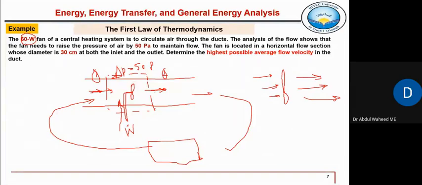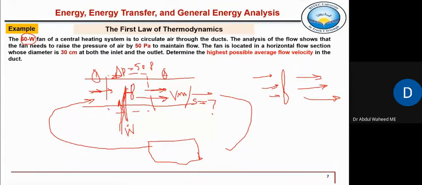This V in meters per second is to be determined. When there is a pressure change of this much, and work is entering at this rate, 60 watts, then what is the maximum possible velocity which will be achieved in this system?